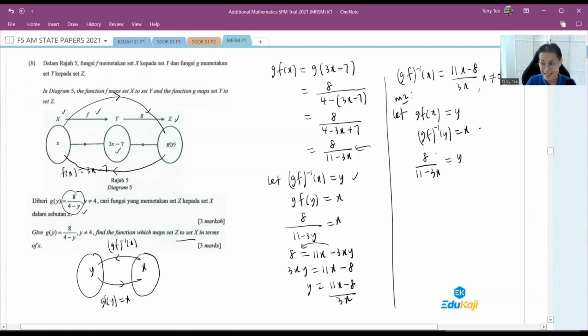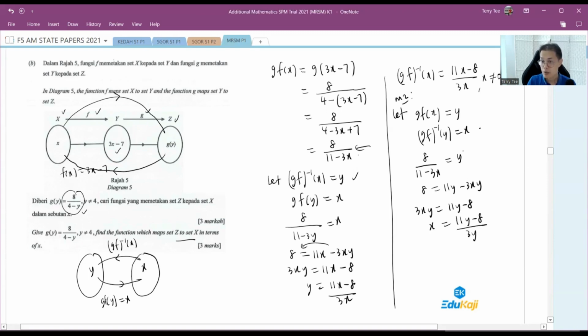We're finding x instead of y. So you multiply over, you notice the same thing, but now instead of finding y, we're finding x. So you bring over, 3xy is now 11 minus 8. All right. Your x is now 11y minus 8 over 3y.